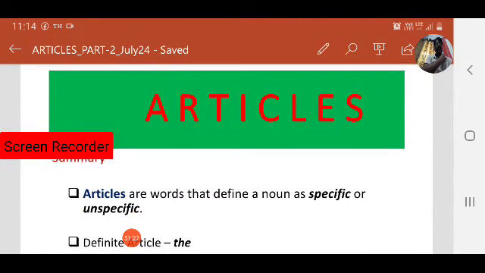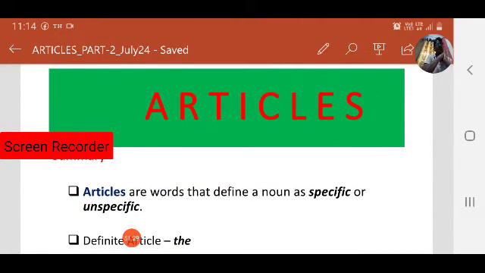Okay, right. Summary, what we have discussed today. In today's class we focused on the definite article the. You know the is an article.